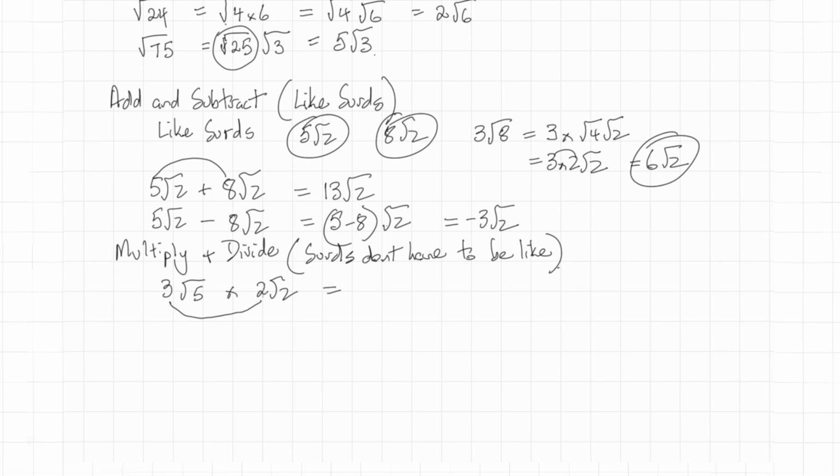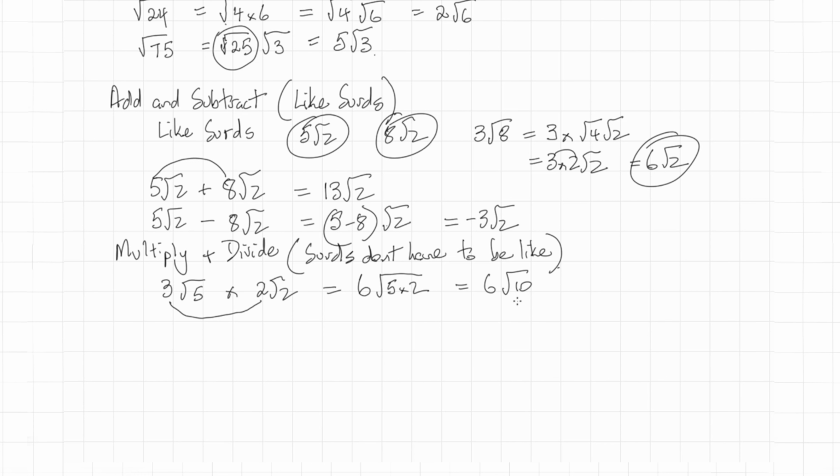If there is no number there, it's assumed to be 1, so it'd be 3 times 1, but here we've got a 2, so 3 times 2 is 6. And then we multiply underneath the surds. So we put a radical sign, and then we go 5 times 2. So that'll be equal to 6. 5 times 2 is 10, so 6 root 10.